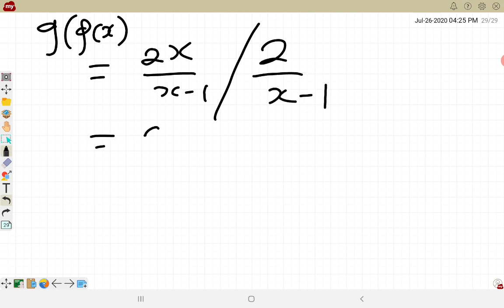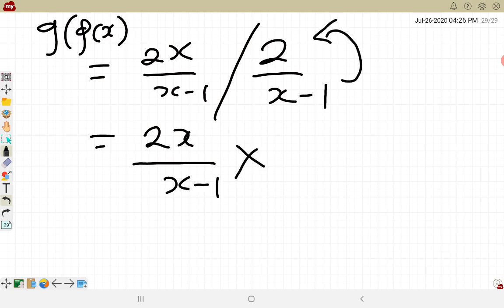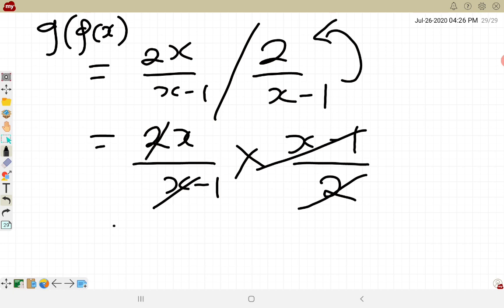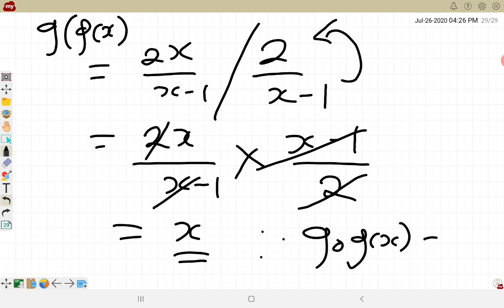So this is 2x over x minus 1. Change division to multiplication and turn the second fraction upside down. x minus 1 over 2. This goes into this, 2 into 2 we have 1, which equals x. So therefore g composition g of x equals x.